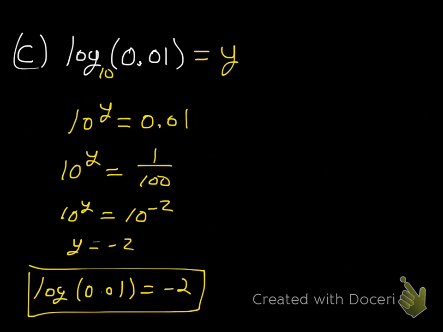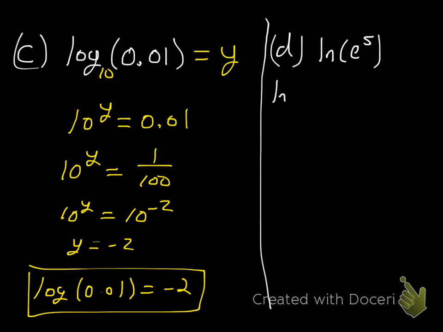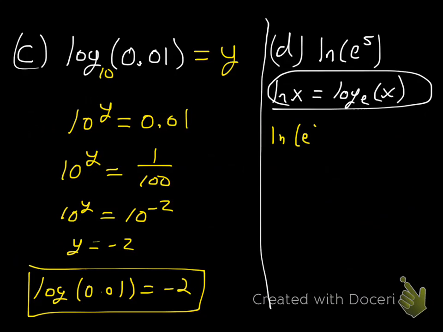Alright, one more. ln of, sorry, I can't read it, e to the 5th. Okay, and I mentioned before that ln of x means log base e of x. Okay, so if you see ln, the base is e, and ln is just special notation for log base e. Okay. So ln of e to the 5th is equal to y.